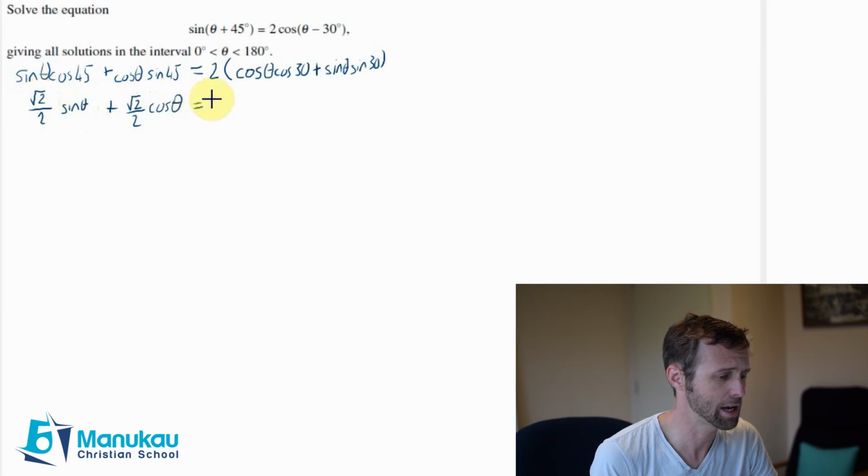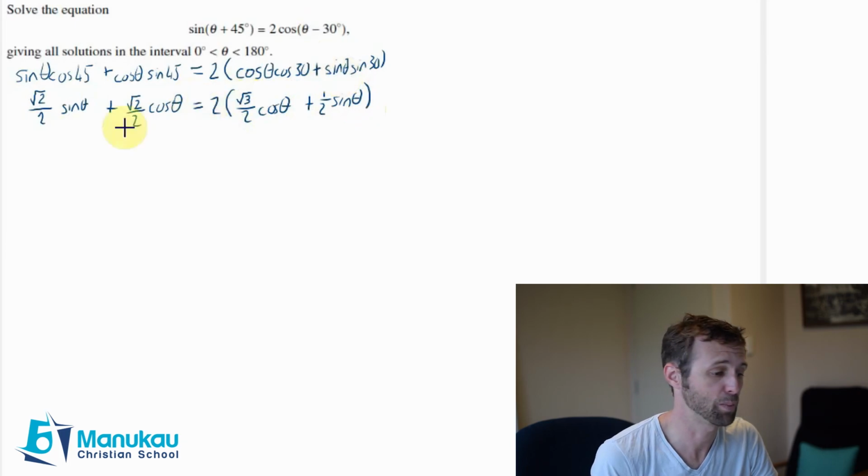And in this one here, we're going to have 2, and then our brackets. So cosine 30 will give us square root 3 over 2, so that will be cosine theta. And then the sine 30 is going to give us plus a half, so positive half sine theta.